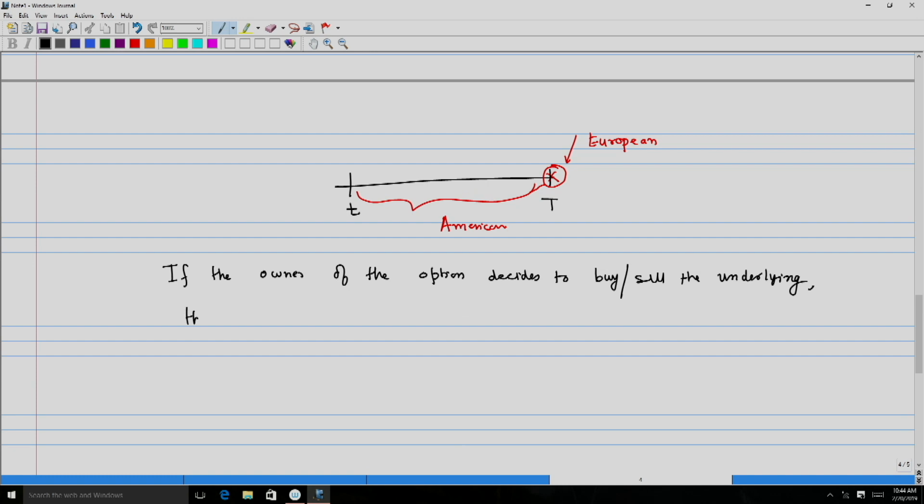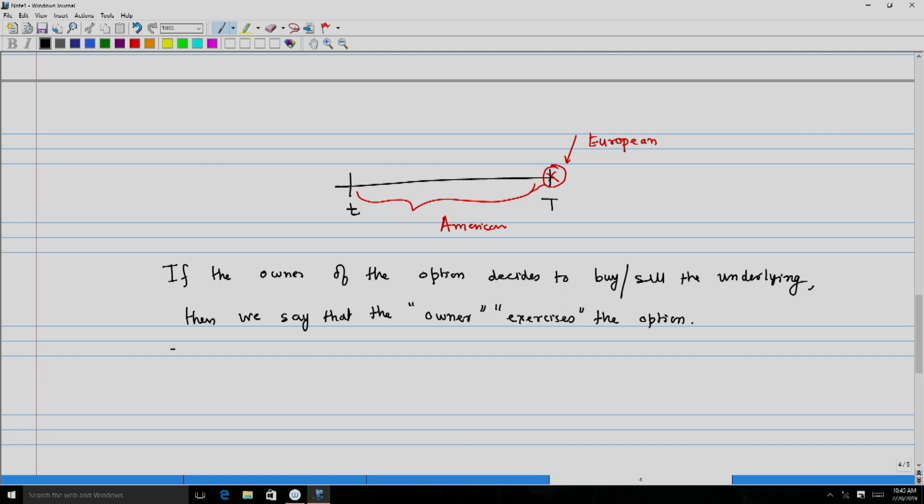In that case, we say that the owner exercises the option, or basically the owner has made use of the right or the leverage position that he or she has by virtue of being the owner of the option.